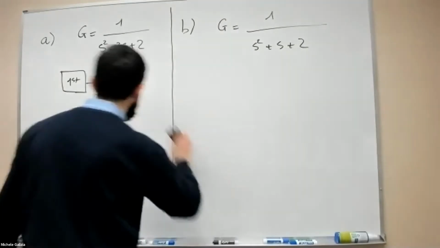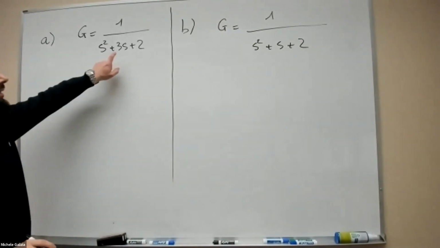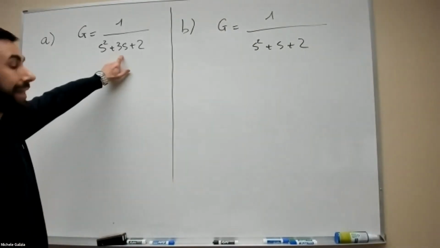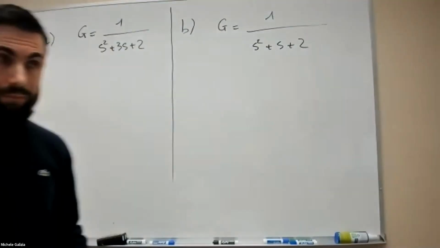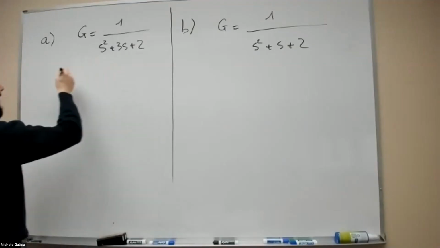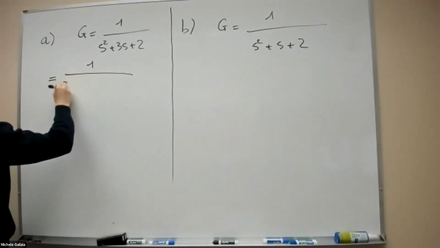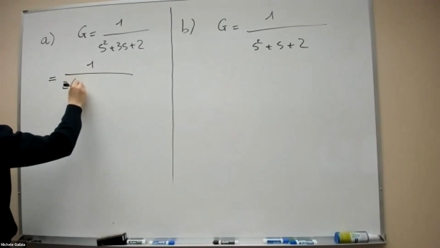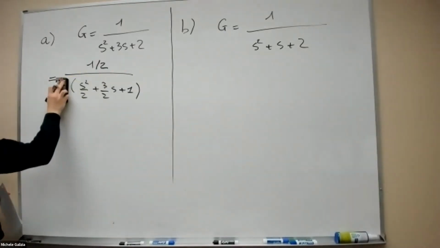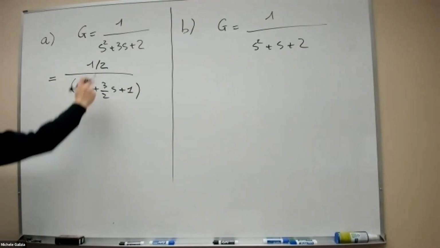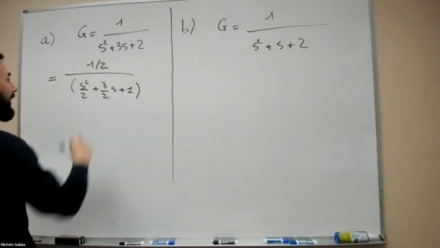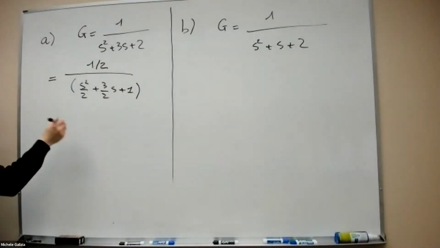So, is this transfer function written in the standard form? No. So I cannot say anything. Let me collect 2 and write this in the standard way. Now this transfer function is written in the standard form.